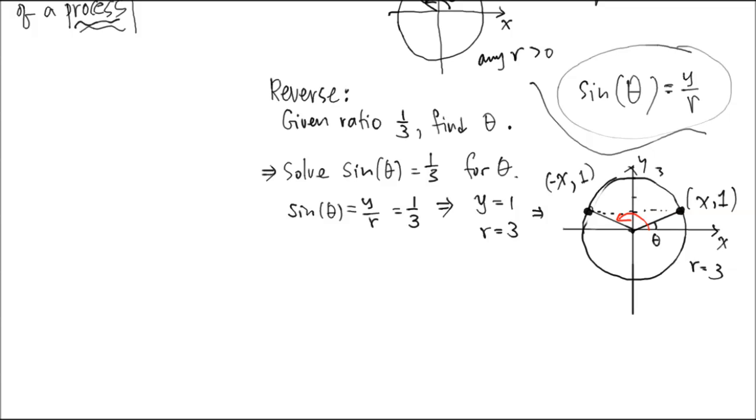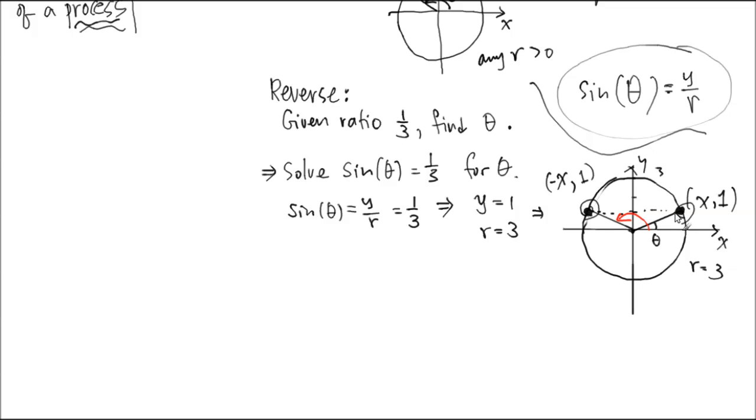Yes? Right. This one has a different x-coordinate, but the y-coordinate is the same. When you calculate the sine, you don't care about the x-coordinate. You only use the y-coordinate divided by the radius. So for these 2 points, they happen to have the same y-coordinate and the same radius.